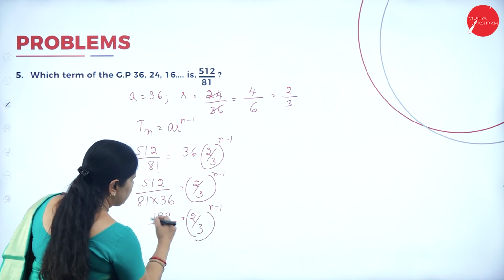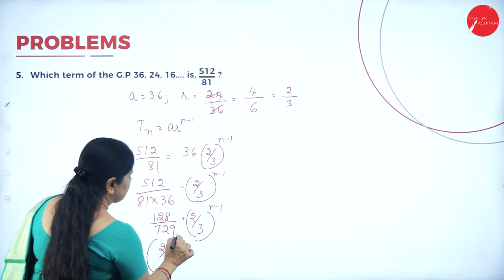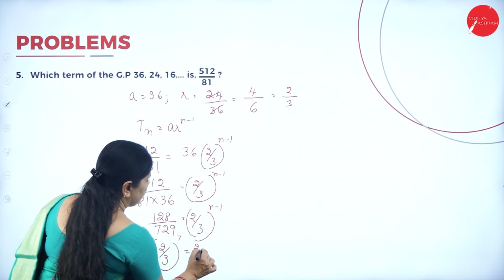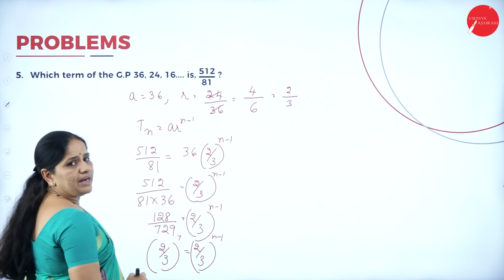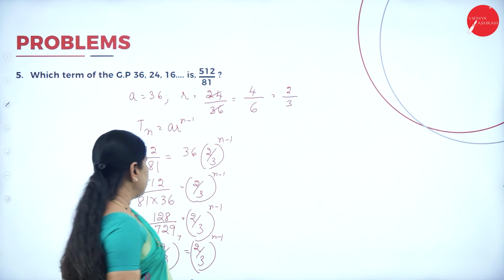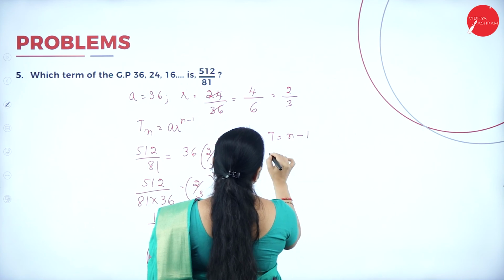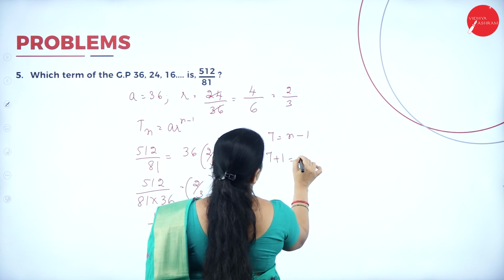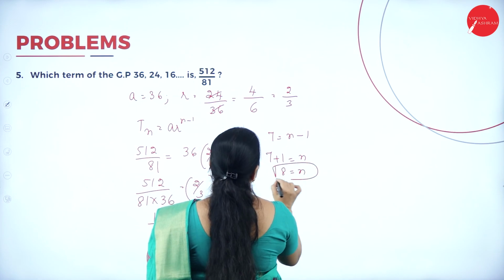So when I express it as power of 2 by 3, it becomes 2 by 3 to the power 7 equals 2 by 3 to the power of n minus 1. So when the bases are same, the powers can be equated. So 7 equals n minus 1. 7 plus 1 equals n, or 8 equals n is the answer.